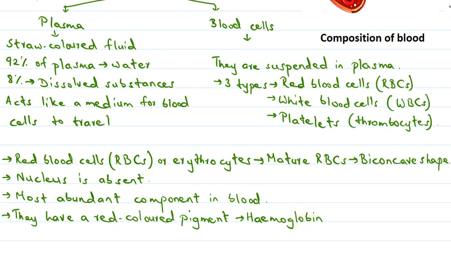Now what happens is the hemoglobin can combine with oxygen, and upon this combination, where hemoglobin combines with oxygen, the compound is called oxyhemoglobin.